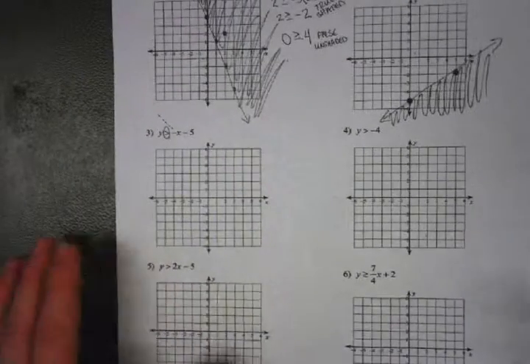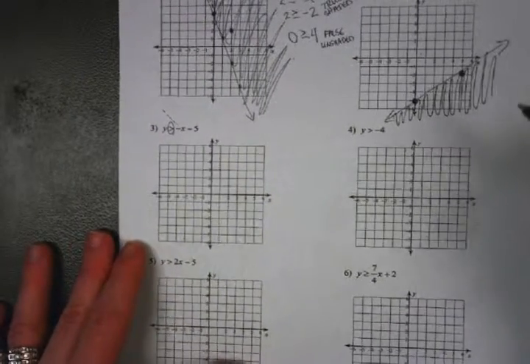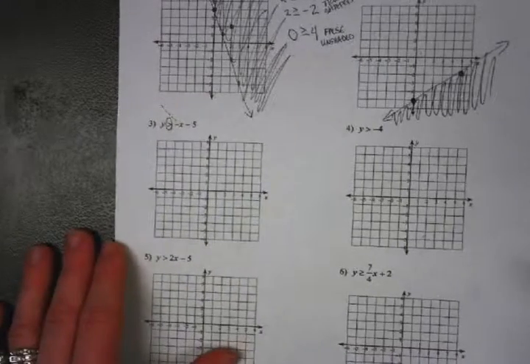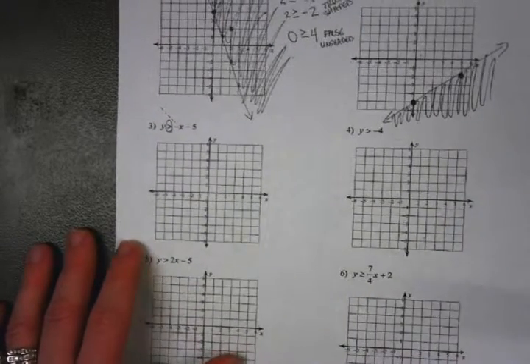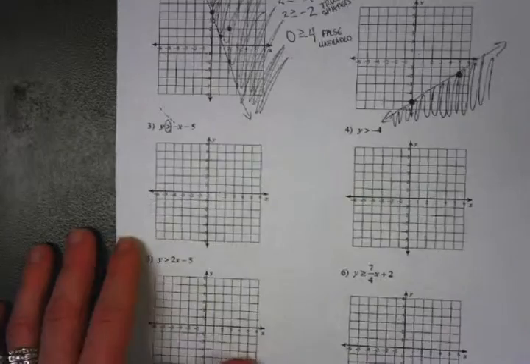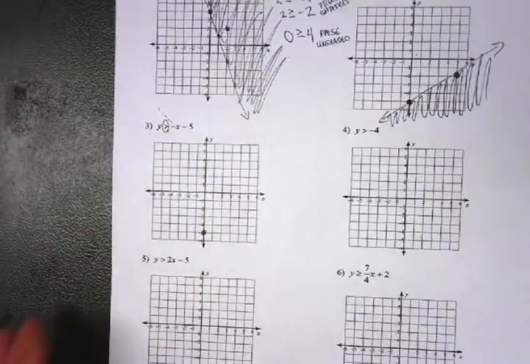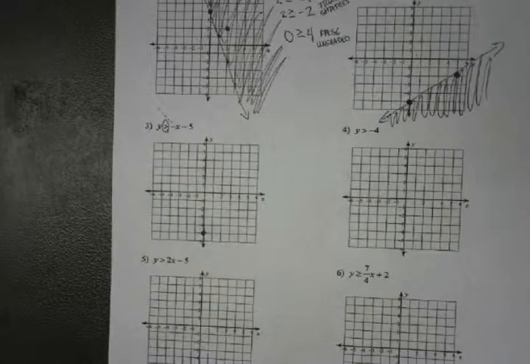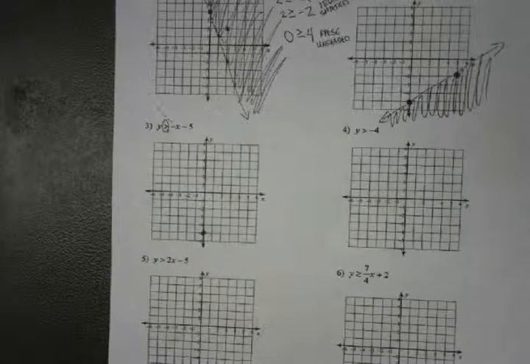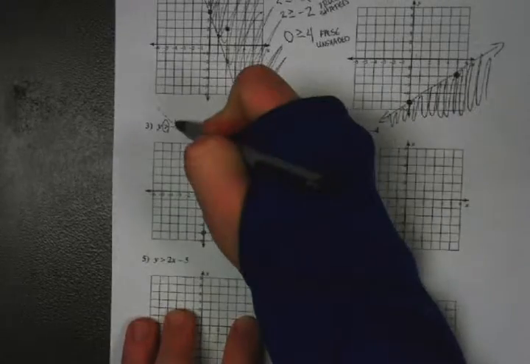Okay, let's try 3. We already said this is going to be dashed, right? Because the line is not part of the solution. So we'll start at -5. Negative x is the slope of, perfect, 1.